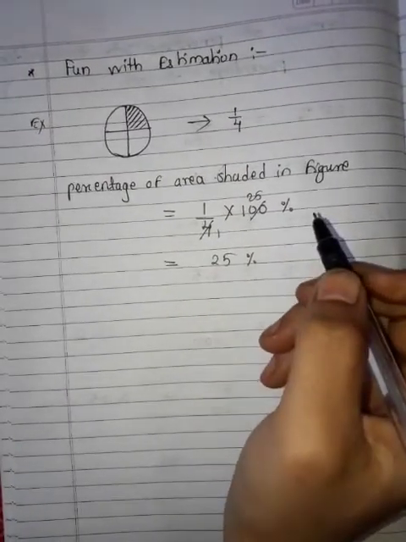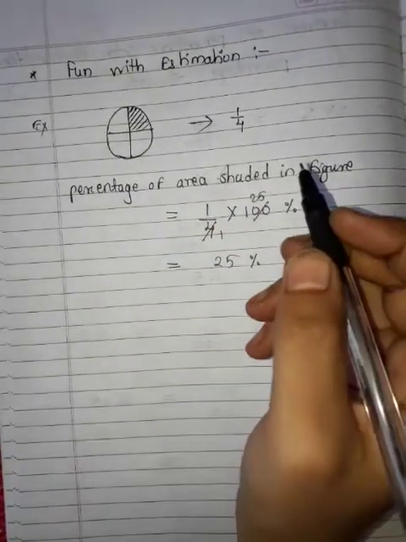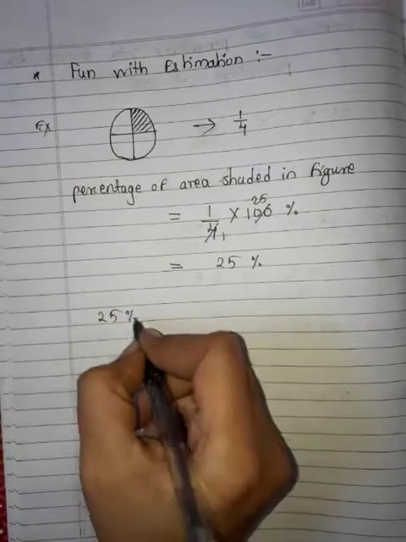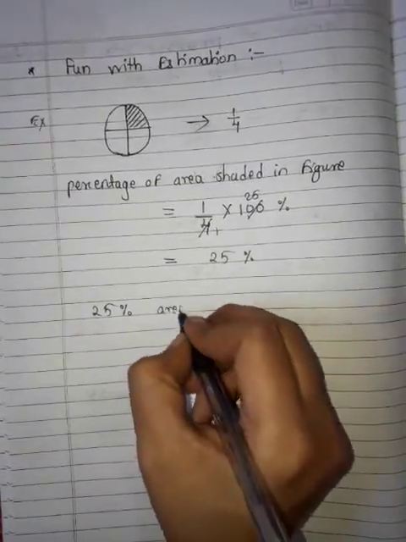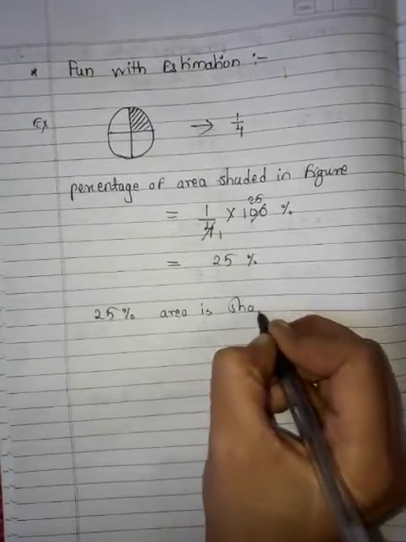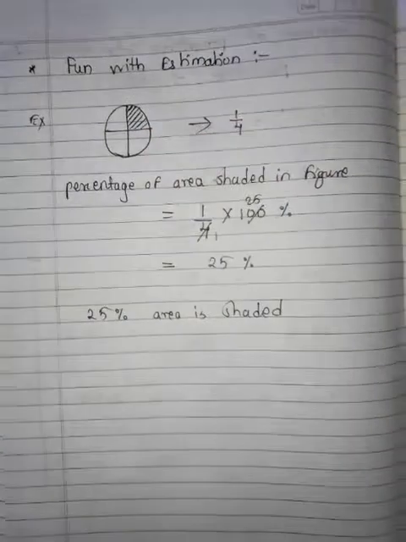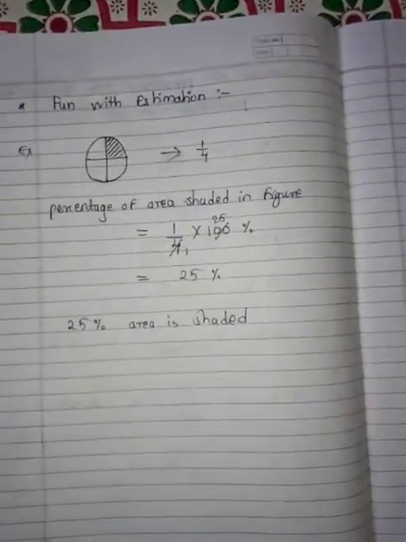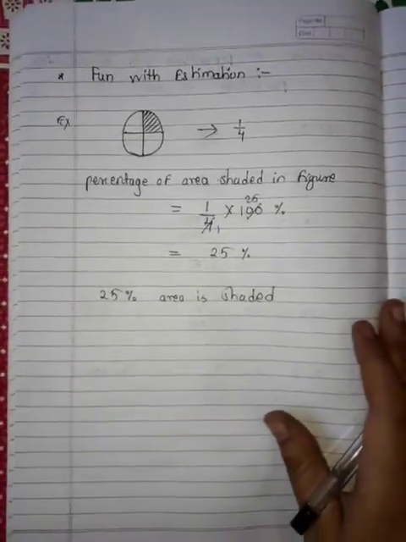So 25% area is shaded. For that figure 25% area is shaded. This is nothing but an estimation. So percentage helps us to estimate the parts of an area.